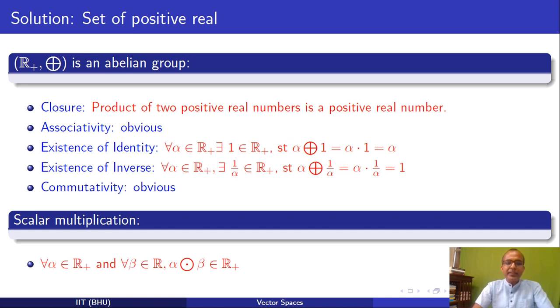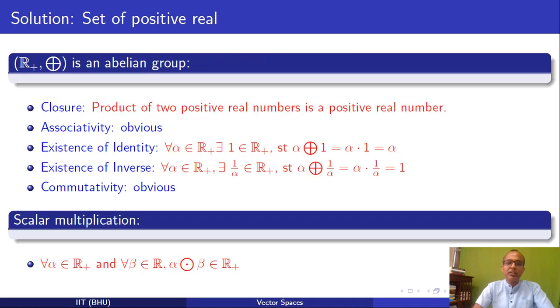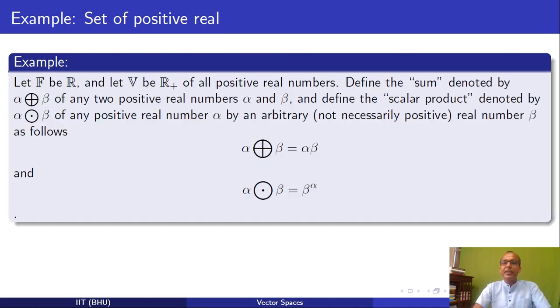For scalar multiplication, all properties are satisfied, and all properties of scalar multiplication and addition of vectors are also satisfied. So please check it, do your homework, on why, if I define operations like this, I am able to deal with this kind of vector space.